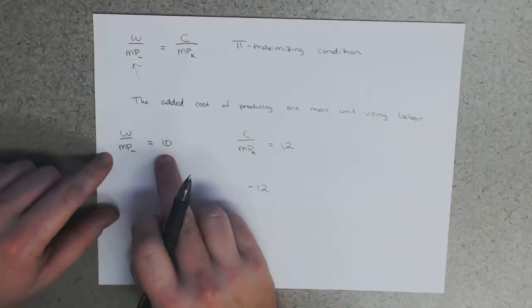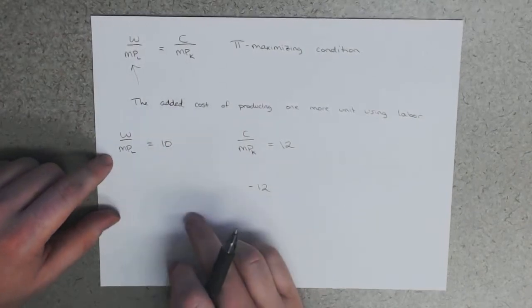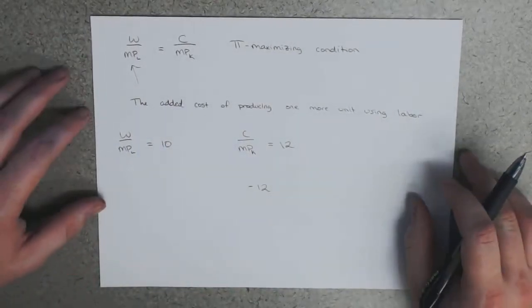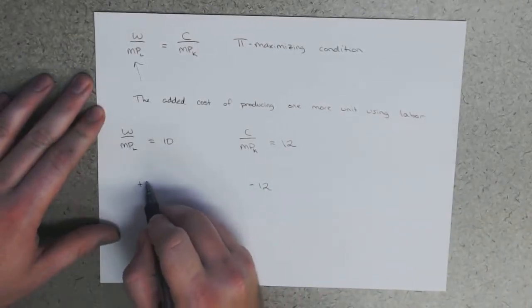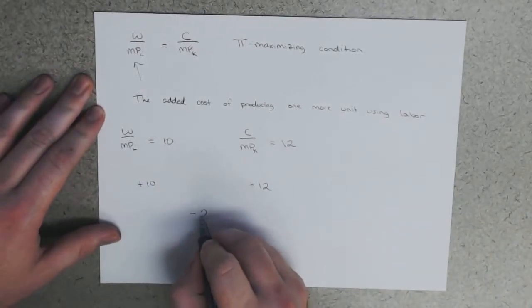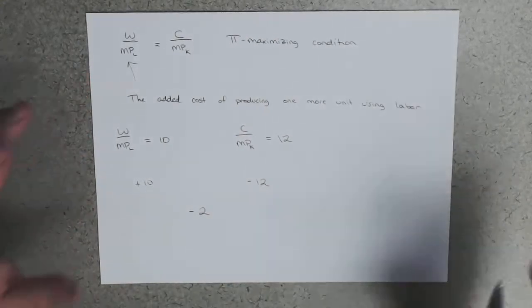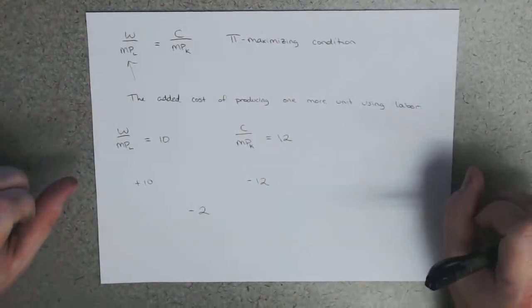And I can increase my labor such that it'll add one more unit to my production. That'll cost me 10. So I've just saved $12 and spent 10, which means I've saved $2. And I'm still producing the same number of the good.